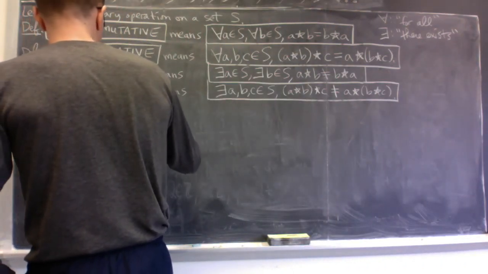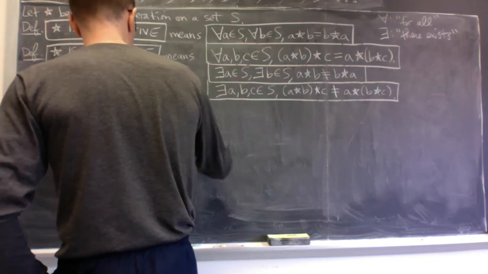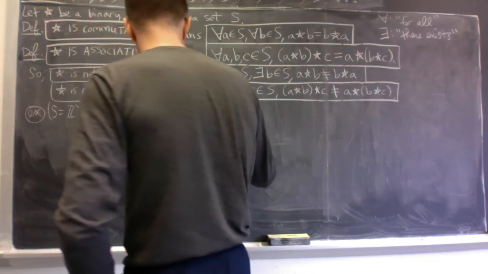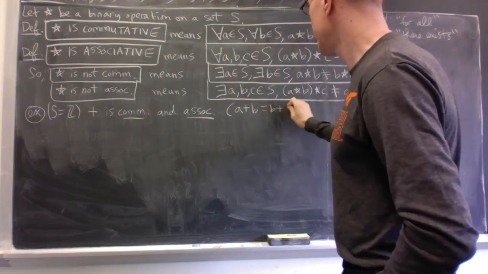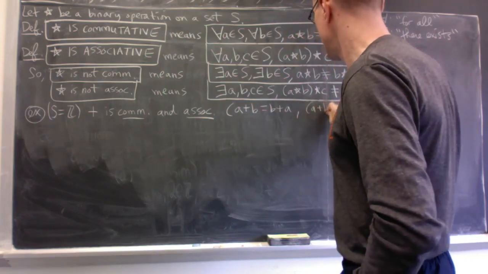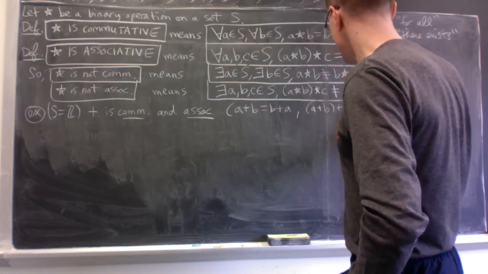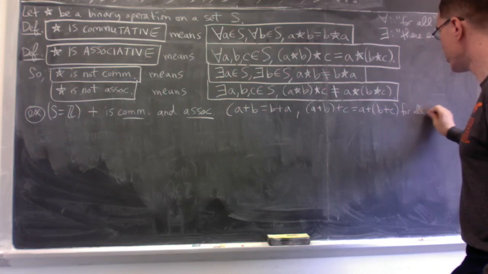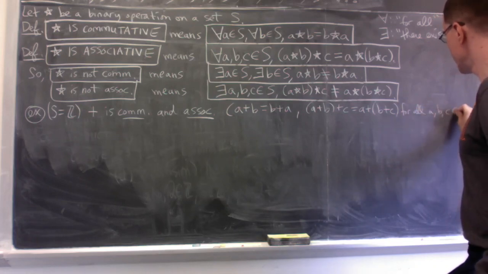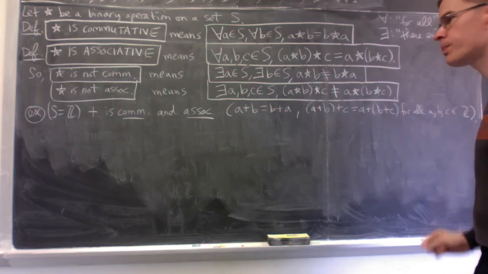It's both. I won't prove it, but just to see what it looks like, instead of a star, you have a plus. And these identities are known for all integers. Also works for real numbers. So we're just doing integers here.